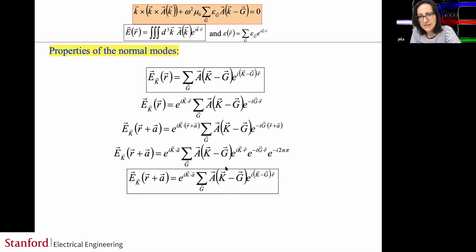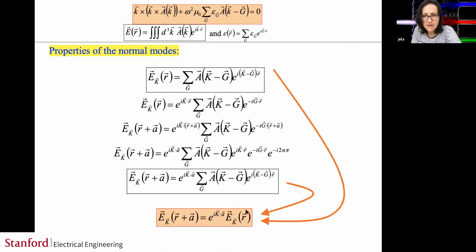Then you just cancel that out, keep e to the i k dot a outside of this and rewrite everything. This thing here is the same as what we had at the beginning, E_k of r. So E_k of r plus a is E_k of r times e to the i k dot a.